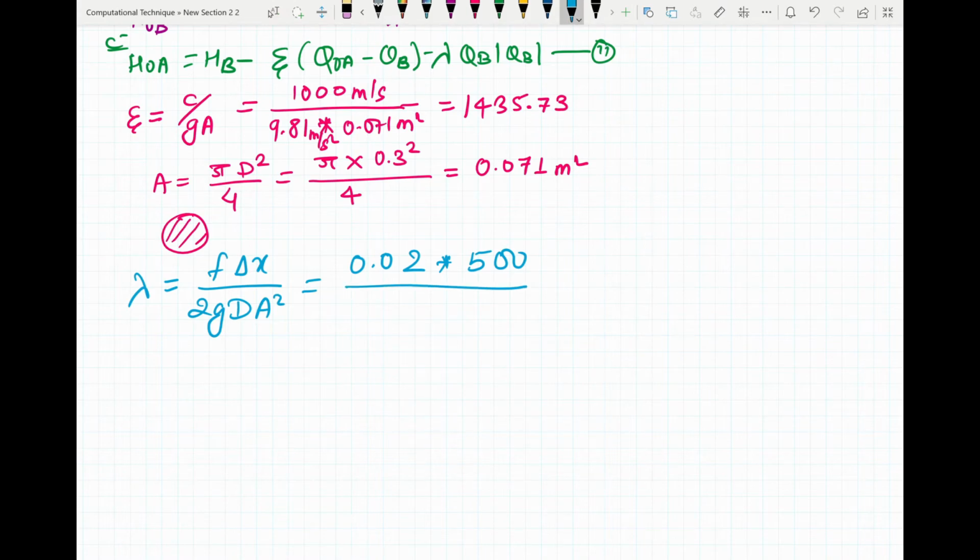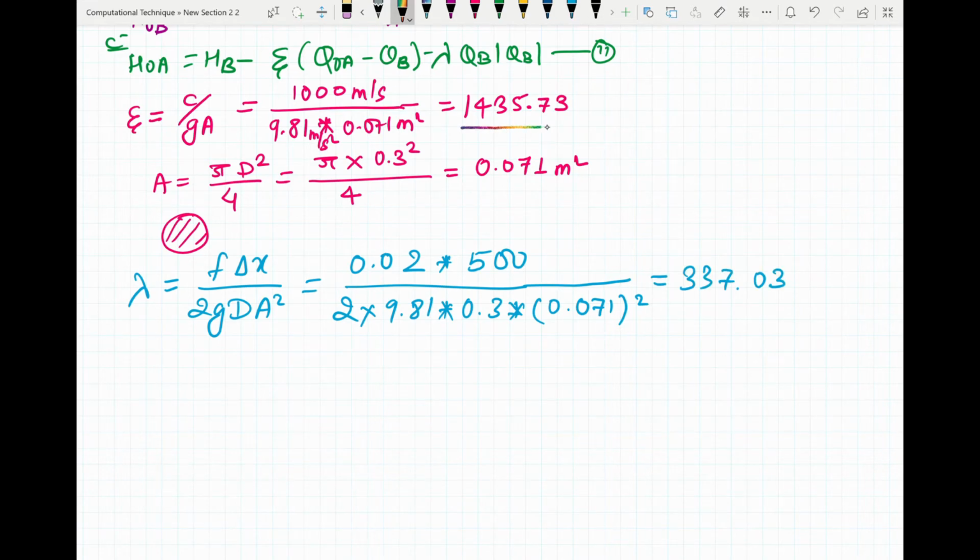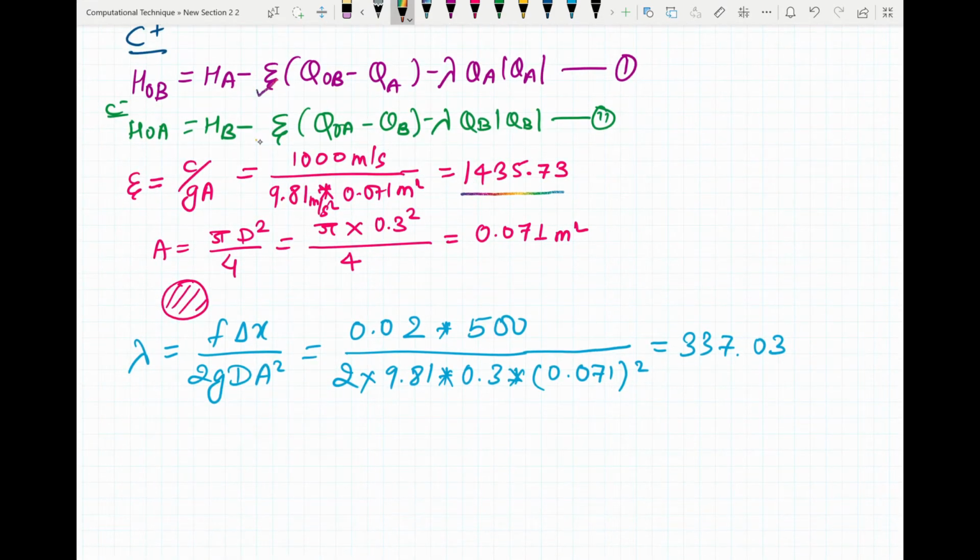delta x as 500. Now here you can substitute this value back into these equations, and you can substitute the value of lambda back into these equations here.